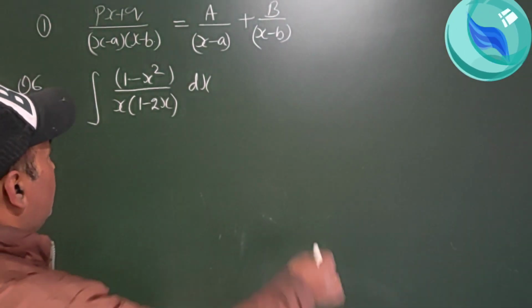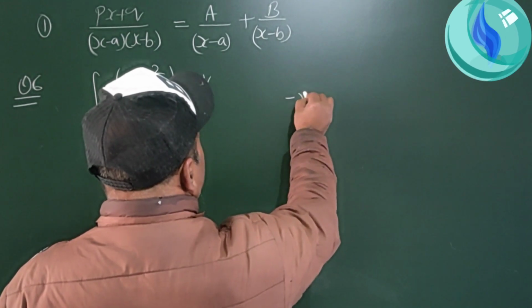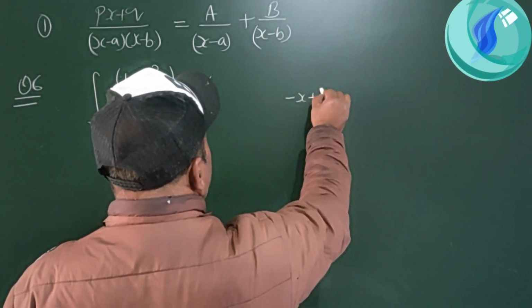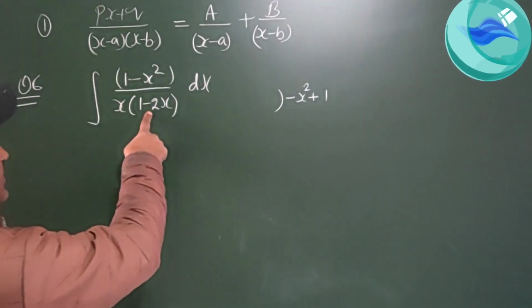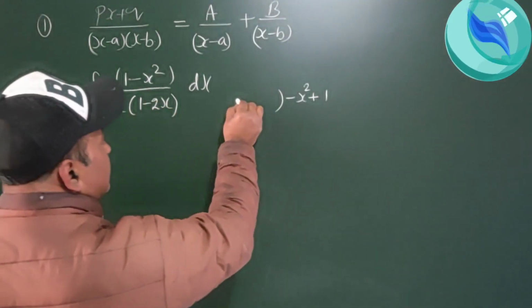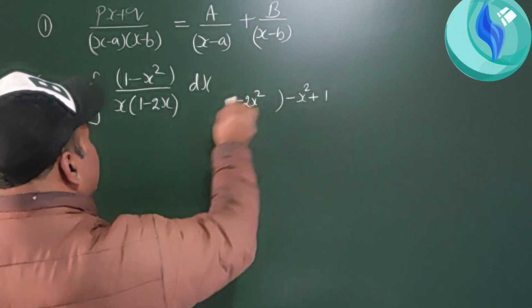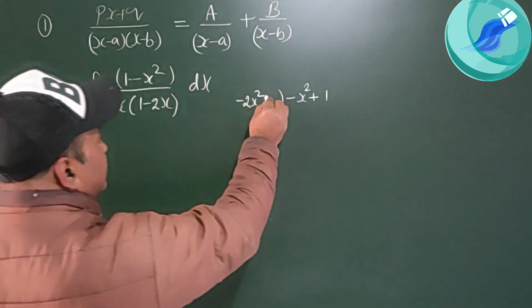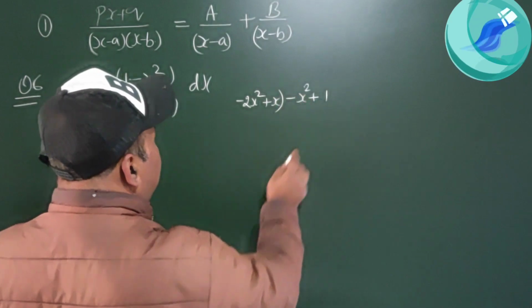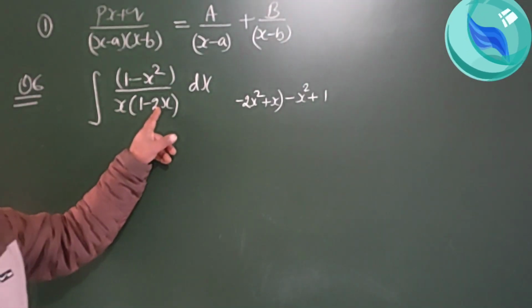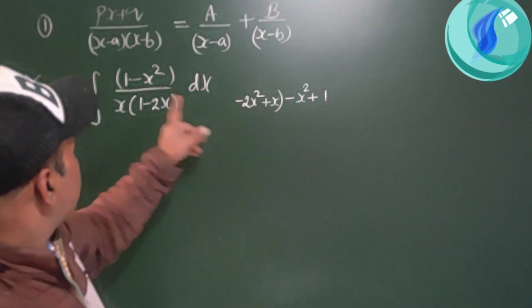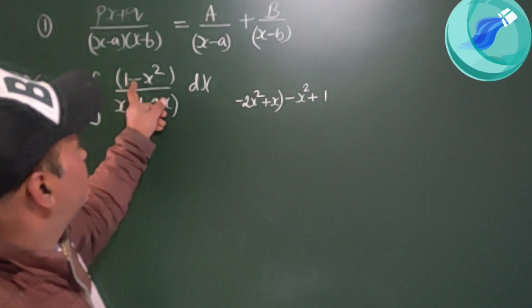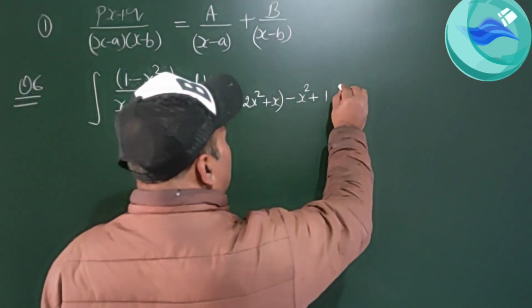So first of all, minus x square plus 1 is the numerator, and the denominator, if we multiply these two, is minus 2x square plus x. First of all, let us divide the numerator by the denominator.